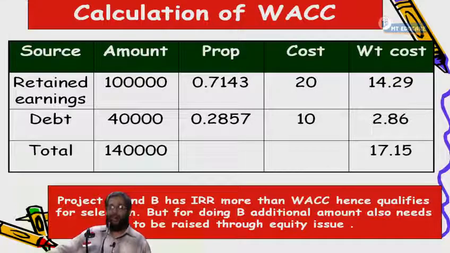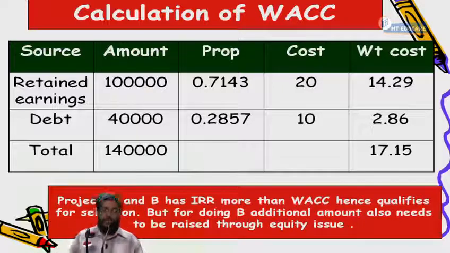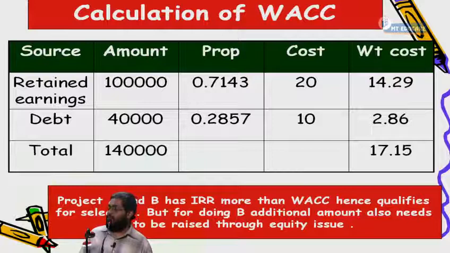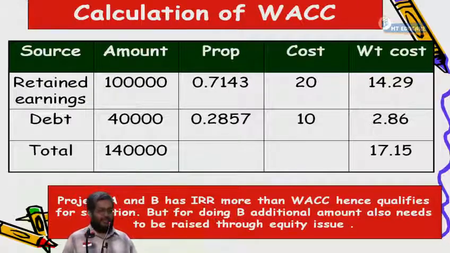Hence they qualify for selection. But for doing B, an additional amount also needs to be raised through equity issue.